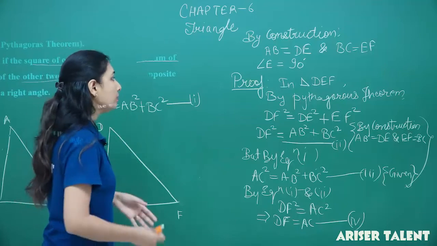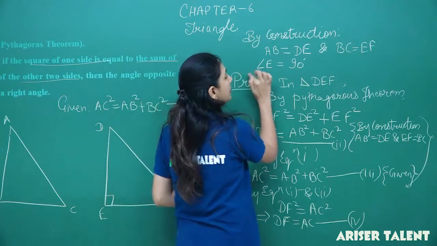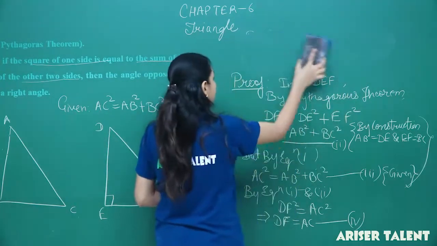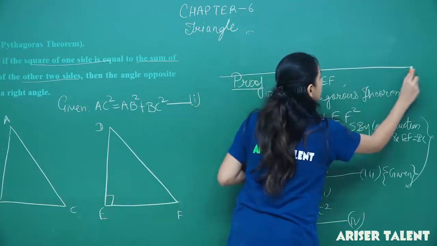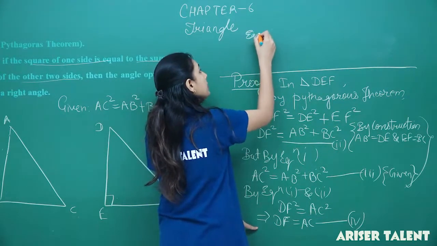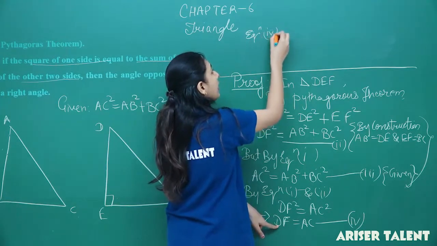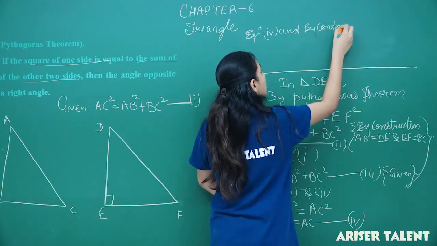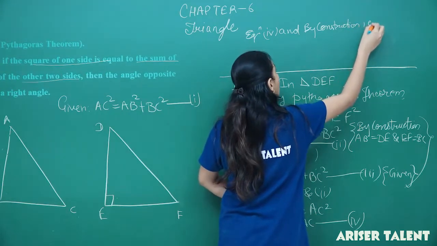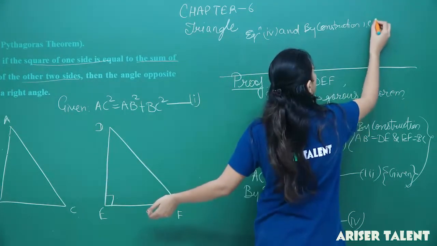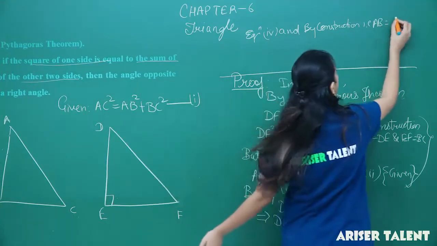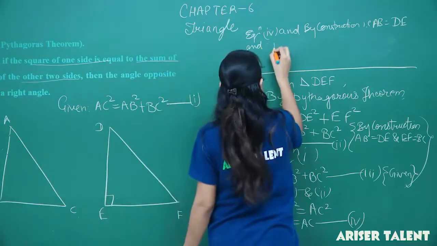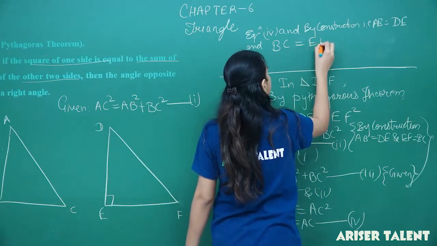Okay, now students, I am rubbing this part only. So, by equation 4 and by construction, AB equals DE and BC equals EF.